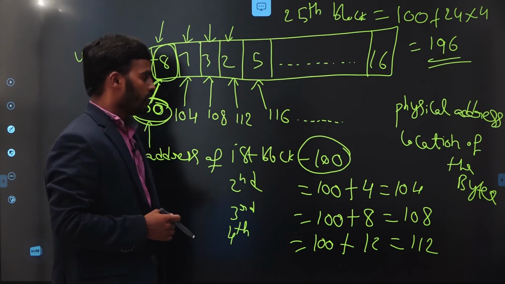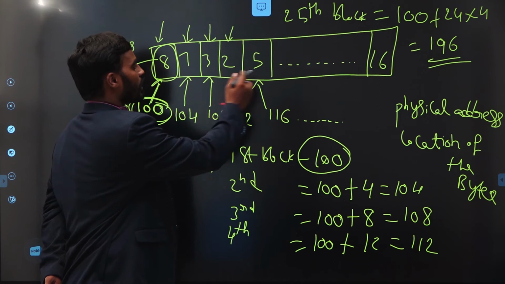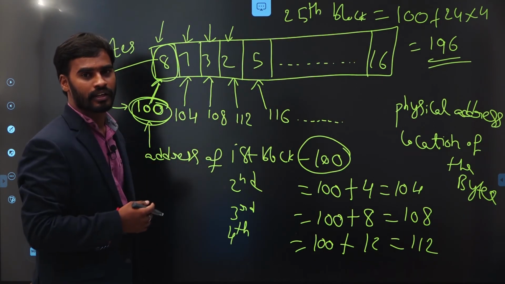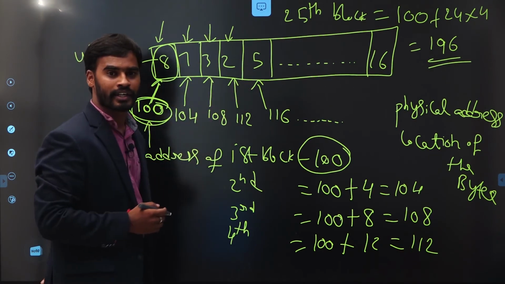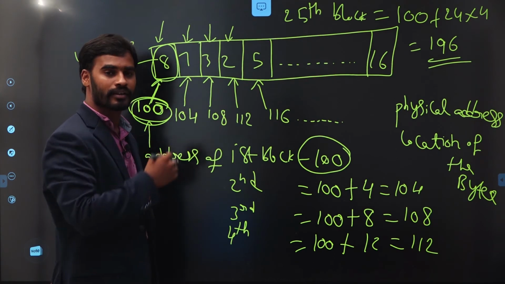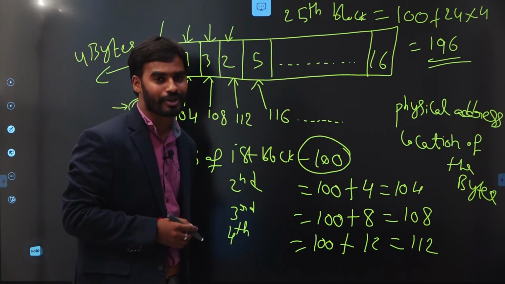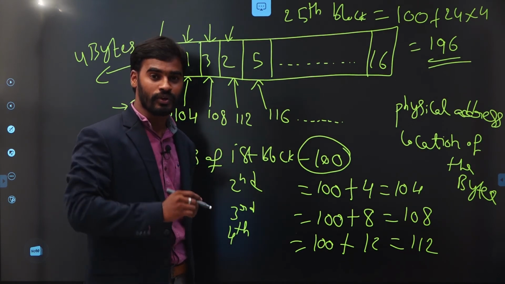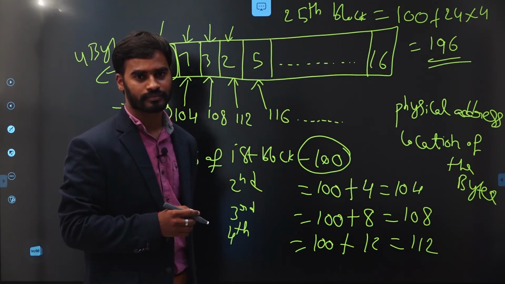So that is the advantage of going with sequential, contiguous allocation. Previously, if you are not allocating memory continuously, what happened? You need to give a separate name for each and every memory location. If you are declaring 100 variables, you need to give 100 different names, one for each variable.